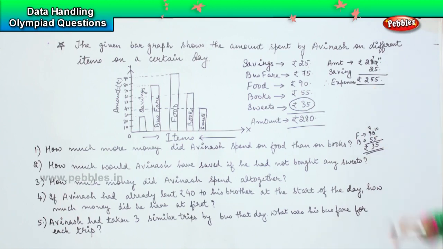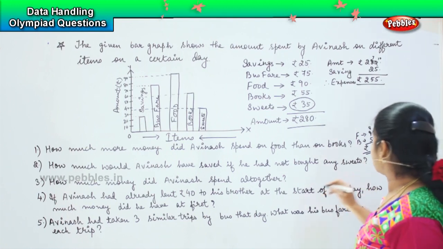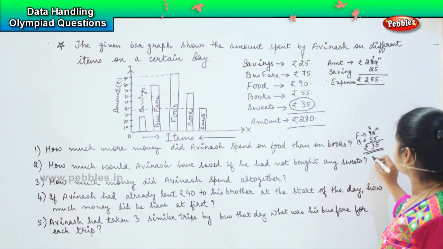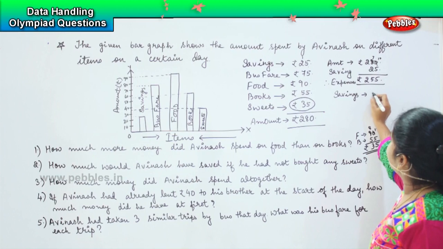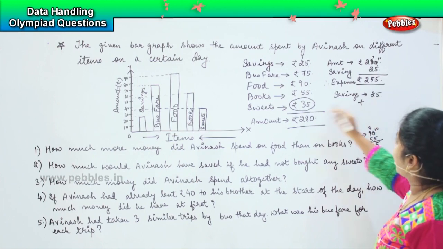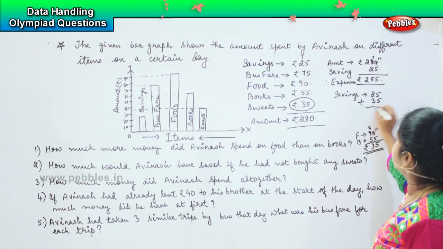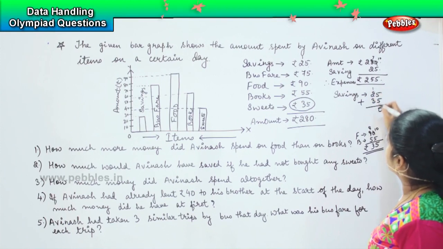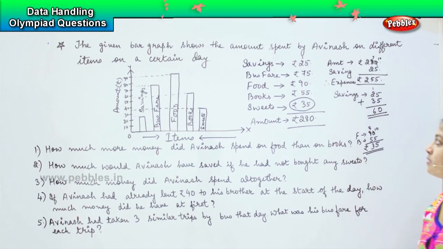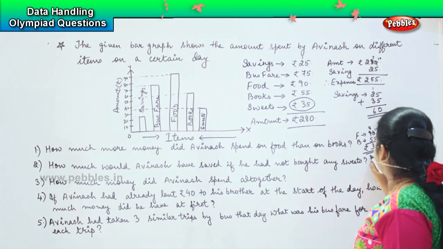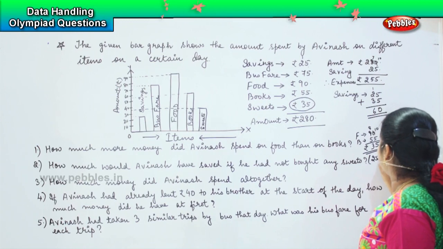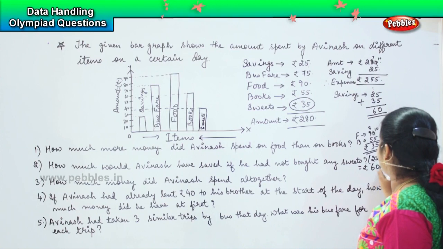His savings was already 25 rupees. Now if we add this another 35 rupees, then 5 plus 5 is 10, 1 plus 2 is 3, 3 plus 3 is 6. So if he had not purchased the sweets, he would have saved 60 rupees. So this is 25 plus 35. So your answer is 60 rupees.